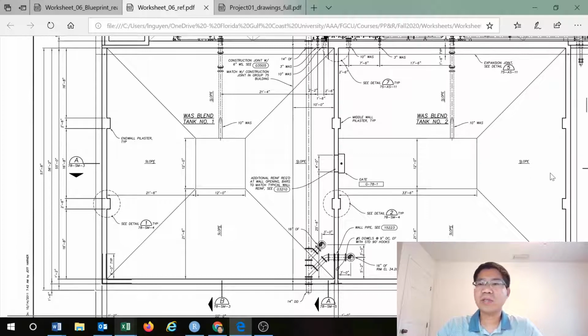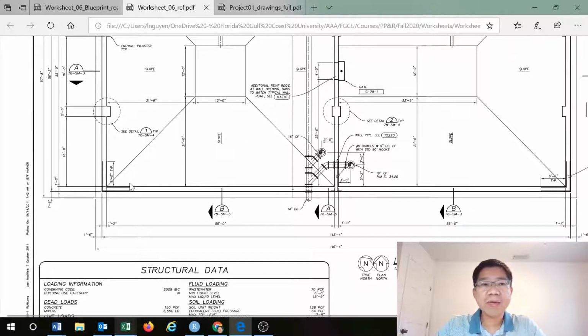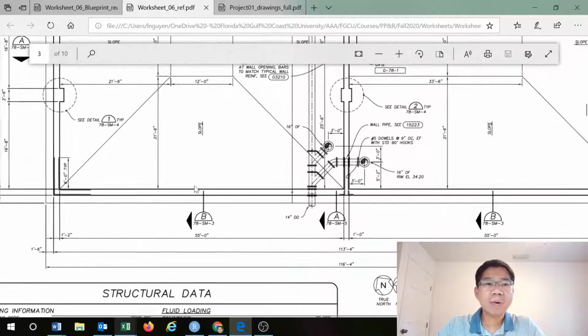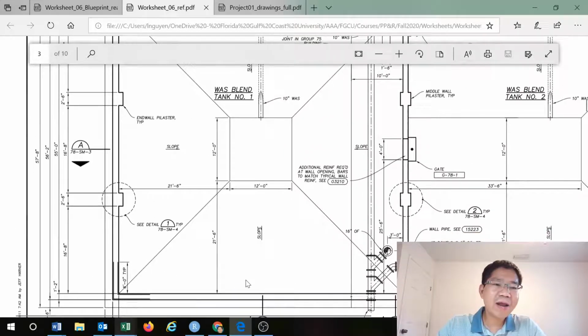East and west are symmetrical, so we can use one in here. You see the thickness of that wall, we can look at here, and the thickness of the wall is 1 foot and 2 inches, and one length of the wall is from here to there, so it's 55. You see around 55 there.